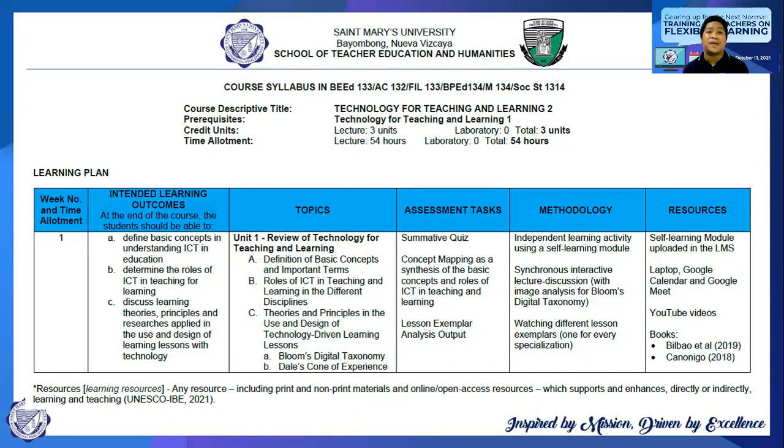If you wish to submit more chapters or more modules or more units or more parts of the learning plan, that will be very much better. So if you have the luxury of time, please go beyond the expected output for this module. Okay, so that is the assessment activity for module 2.